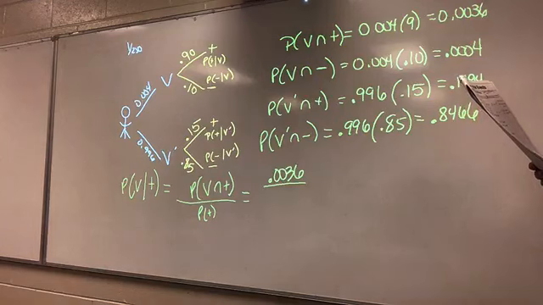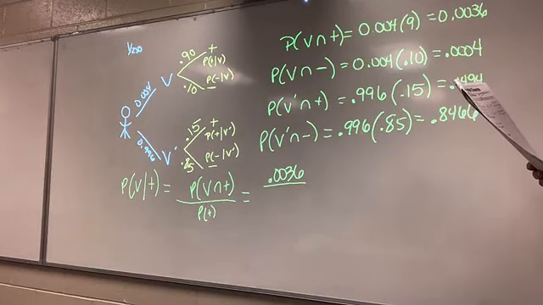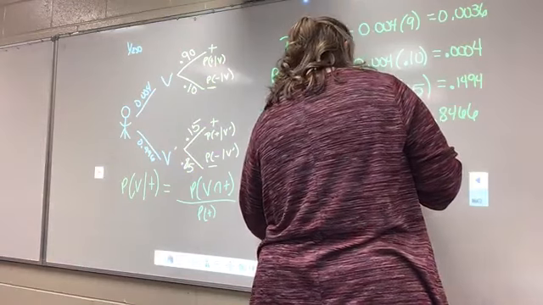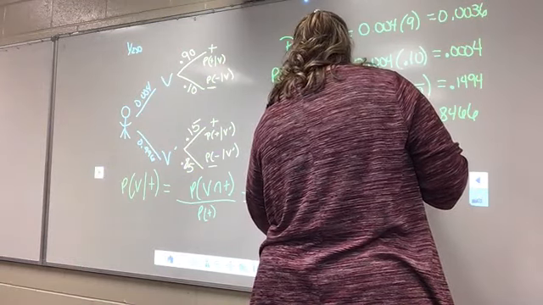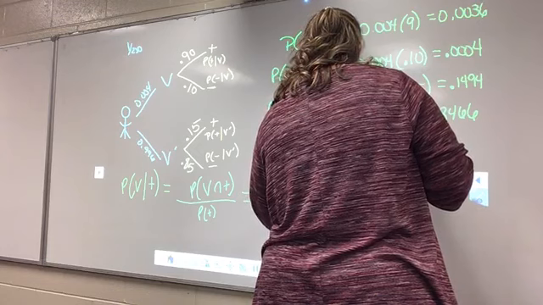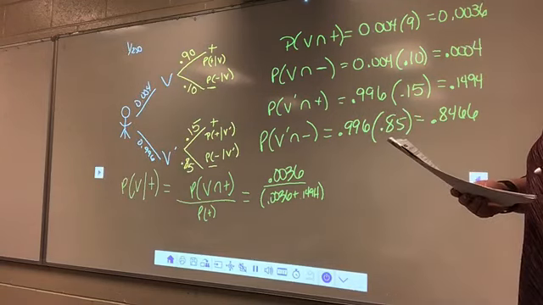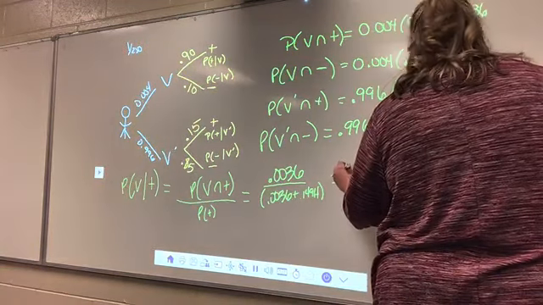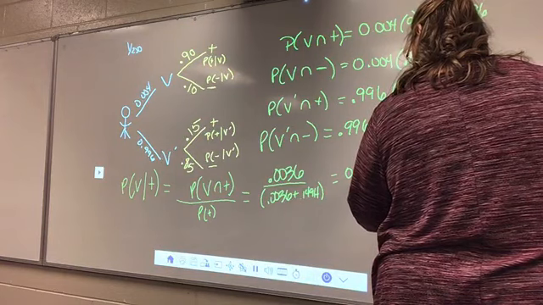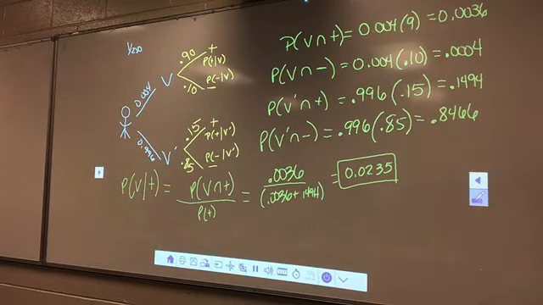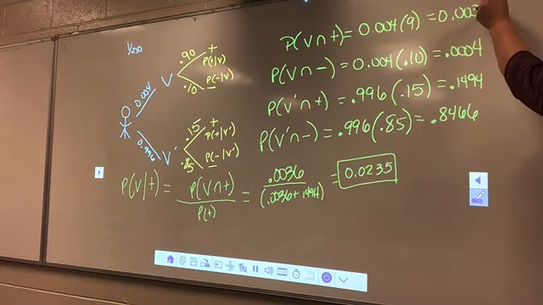So we have 0.0036 plus 0.1. Yeah, we have these 2, right? So we got to add those together in the denominator. I got 0.0235 as my total. So we had this one testing positive and this one.